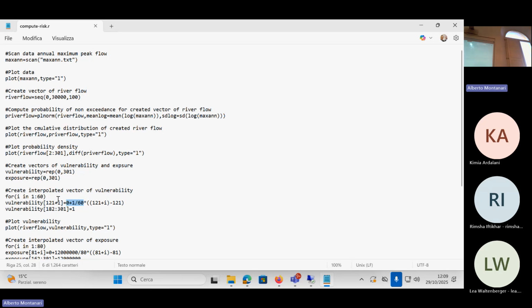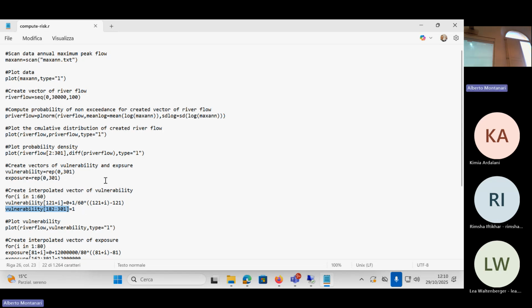And here I think we are changing from the value number 122, which is fine. A shift of 1 unit is not a problem. Probably the most correct thing would be to put 120 here. So when I apply it, we can make this minor correction. And then we have vulnerability, the vector, from position 122 to 301 is 1.